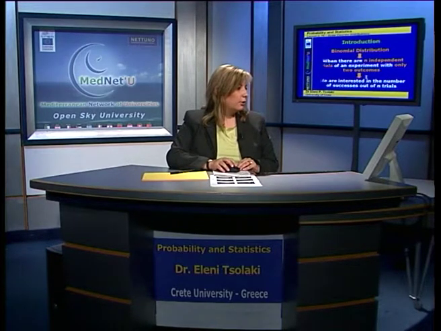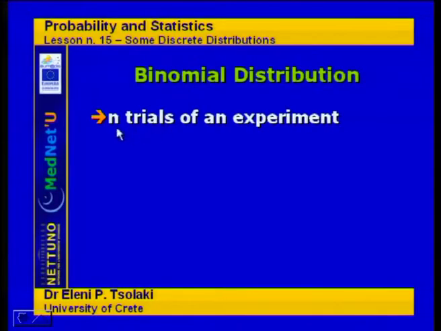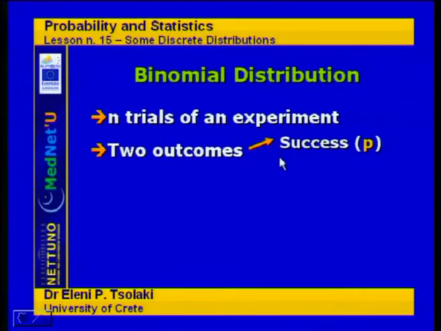So we have n trials of an experiment, two outcomes as we said before. One we are going to call success, and this will have probability of occurring p. And the other one, we are going to call a failure, and this is going to have probability of occurring 1 minus p.